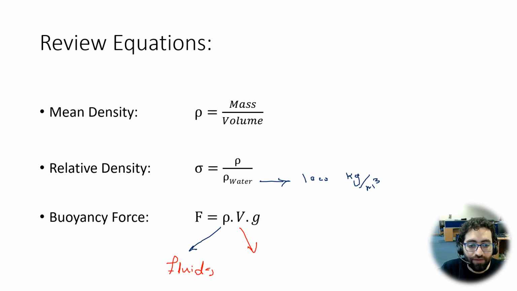But if it's totally immersed, we should consider the whole volume of our object. So this part is the displaced liquid or fluid, and this is the g, or gravitational acceleration, that we know is 9.81.